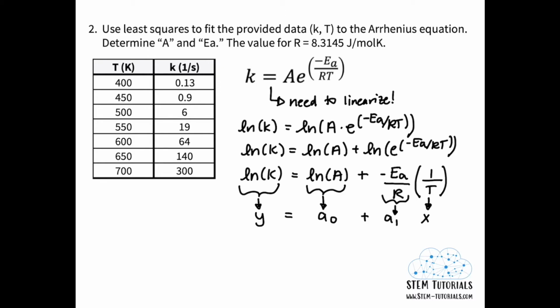So looking at this data, we have our temperature and we have our k value. So these are just referring to our x and y values. And so to be able to apply the equations we have for linear regression to this function here, what we need to do is transform our y values to equal ln k and our x values to equal 1 over T.